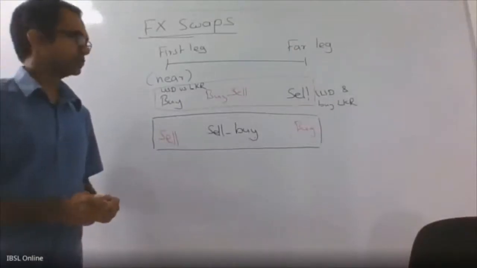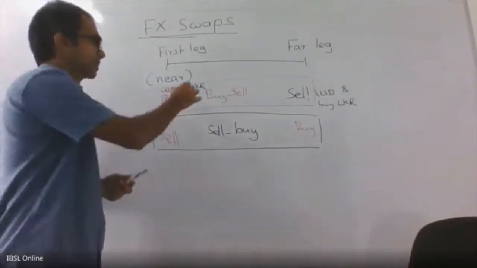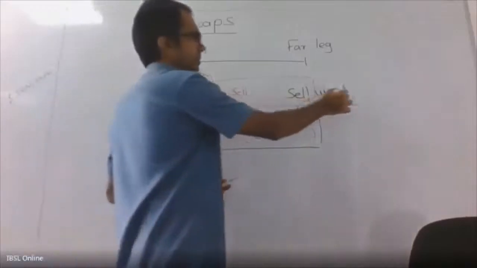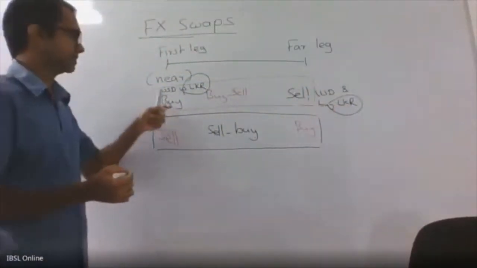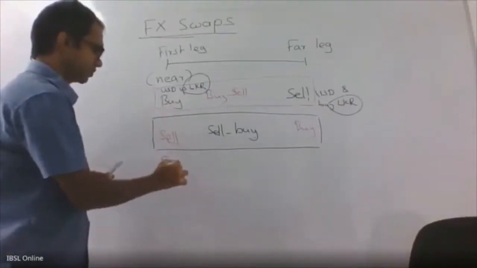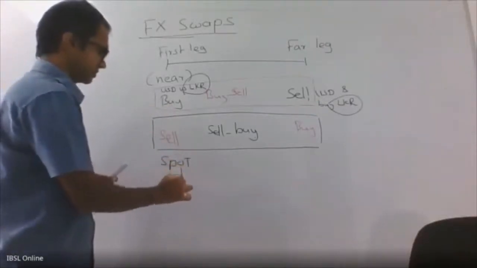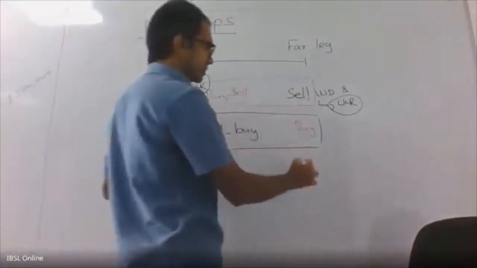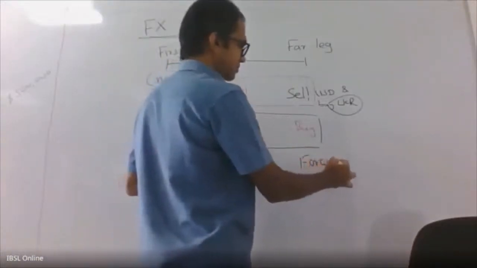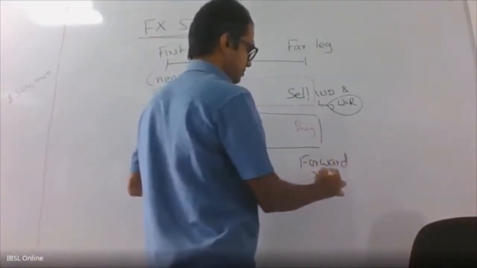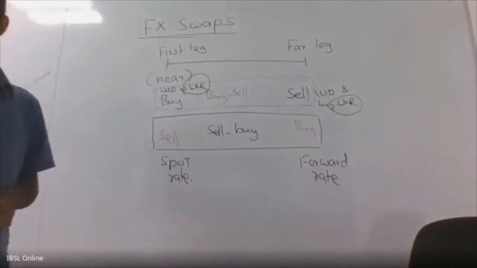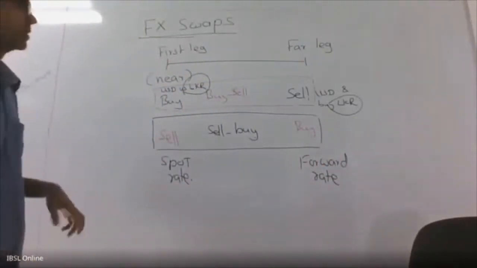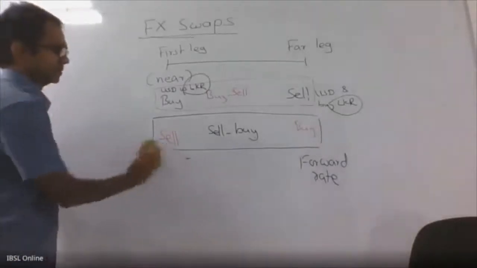Generally, the LKR amount or the counter currency amount may vary. If this is a spot transaction, we use the spot rate here, and we use the forward rate to settle. So let me put some numbers and explain to you.